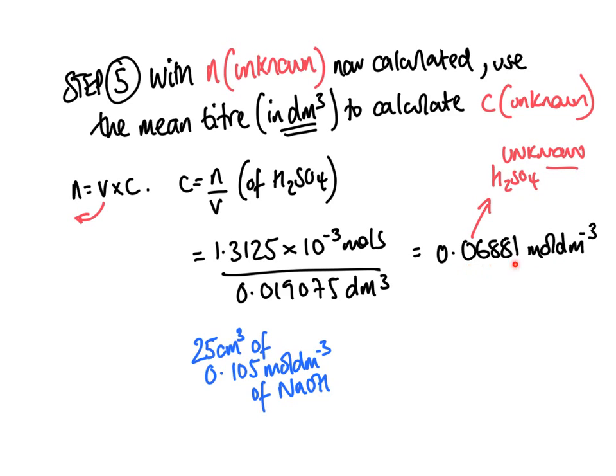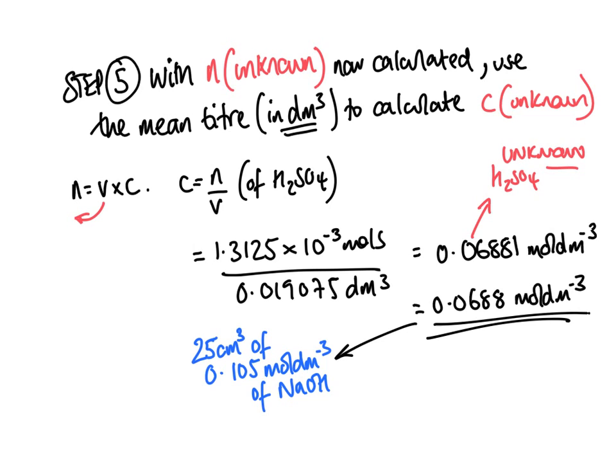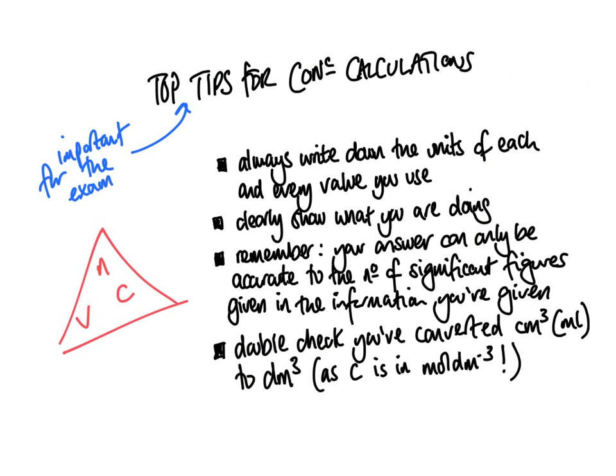So, as this stands, our actual answer is incorrect, so we need to round that to 3 significant figures. Obviously, any leading zeros are not significant, so 0.0688 mole dm cubed is the correct answer, based on our limitations of accuracy with only these 3 significant figures here.